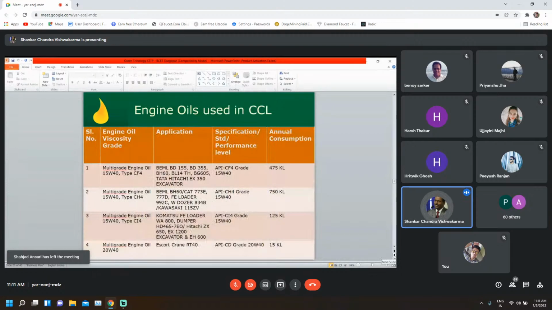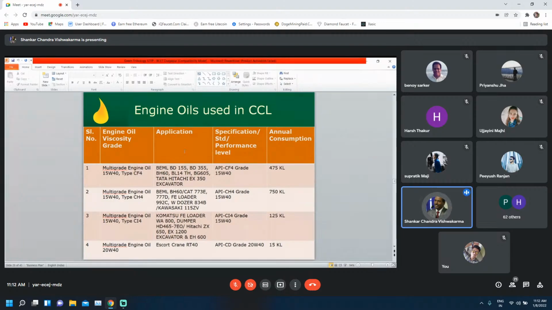And here I am giving you a list of lubricants which are being used in CCL. It is very common in other subsidiaries of CIL also, because the equipment is more or less the same, or the configuration is more or less the same. Only thing is the capacity will be different. See, the engine oil which we are using here is a multigrade engine oil, and it is 15W40 type CF4.